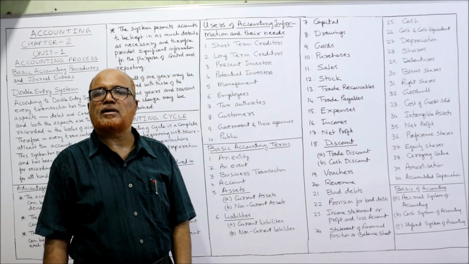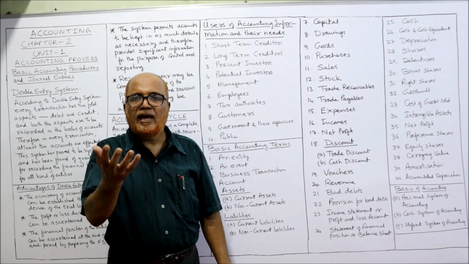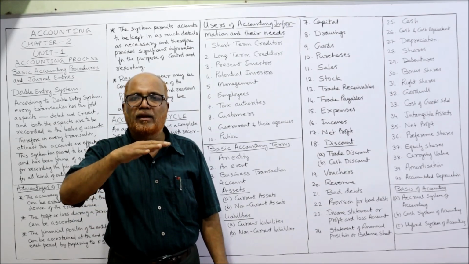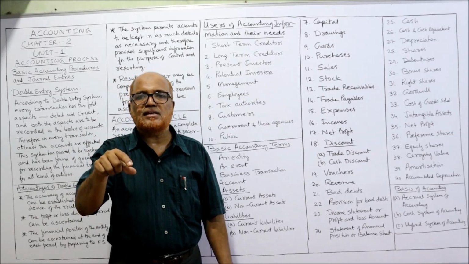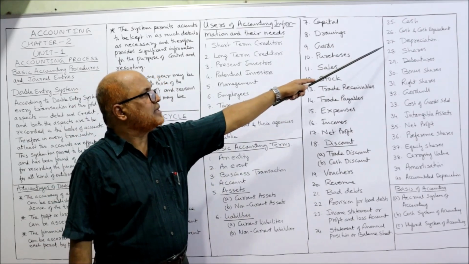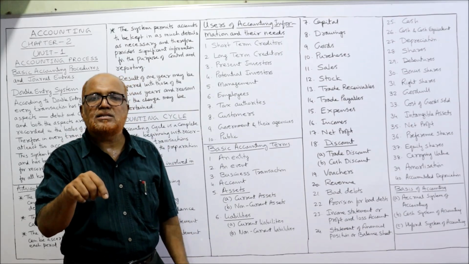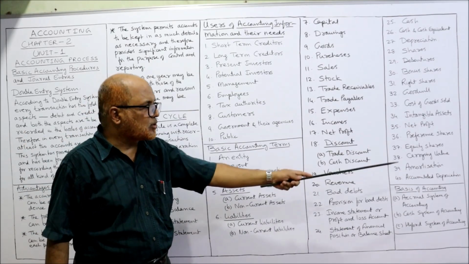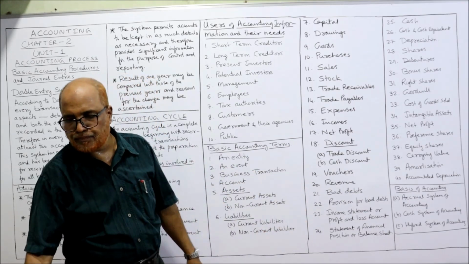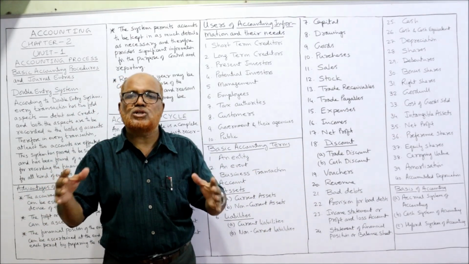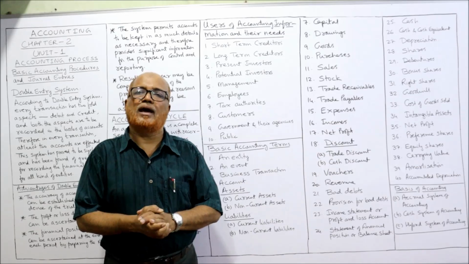Next comes amortization. Any intangible asset will be written off over a period of time. For a tangible asset, the written off amount is called depreciation. For an intangible asset, the written off amount is called amortization. Accumulated depreciation: the total depreciation up to date is called accumulated depreciation.